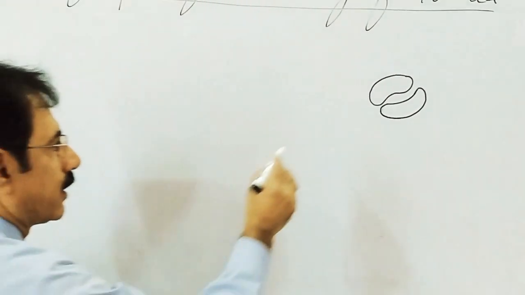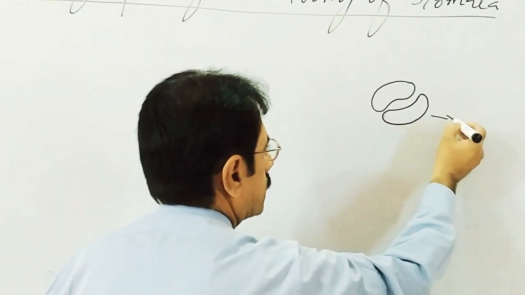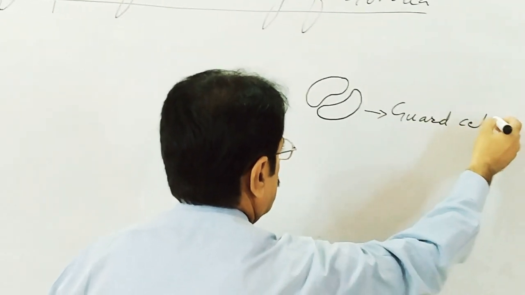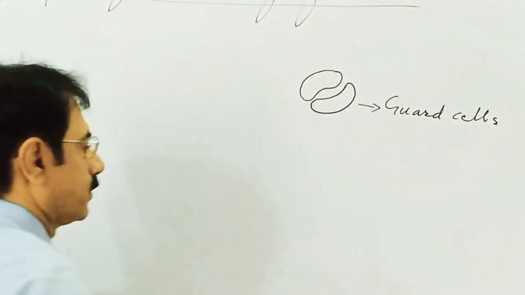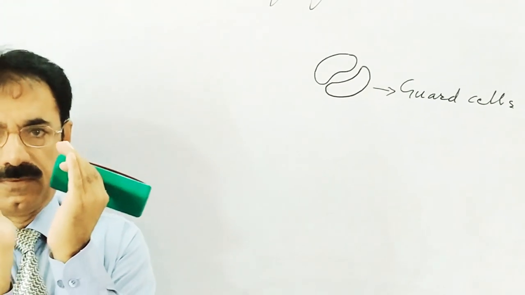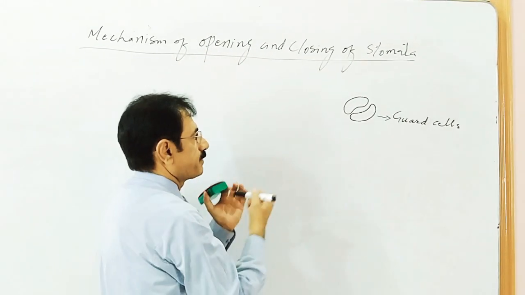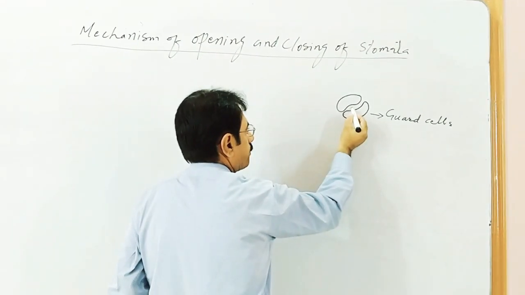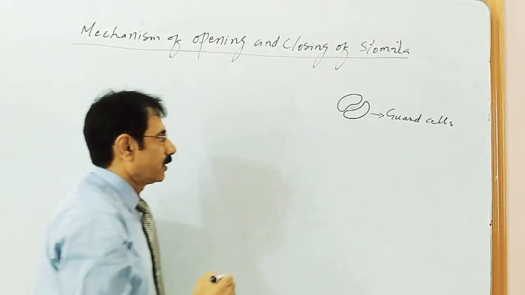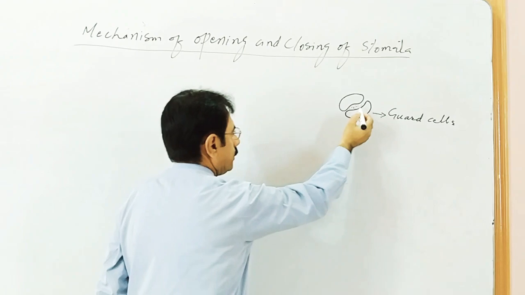These kidney-shaped curved cells are called guard cells. Two guard cells lie face to face to one another, leaving a space. This space is called stoma, plural stomata.